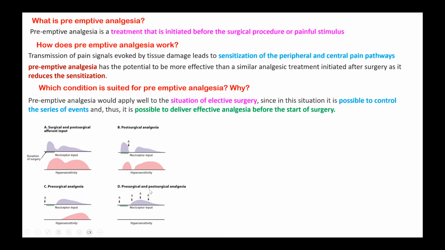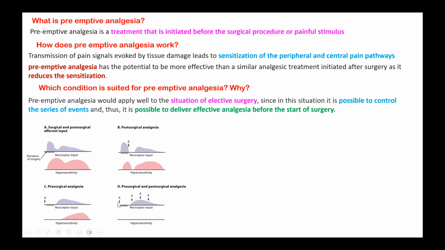This is what we routinely do nowadays: you start with 1 or 2 micrograms of fentanyl as soon as you institute an IV access, and then intraoperatively either time based or stimulus based, you keep on supplementing analgesia and you get a very good response in the post-op. Patient is very comfortable. He opens the eyes and tells you, thank you doctor, I am not having any pain. They are able to respond in that way.